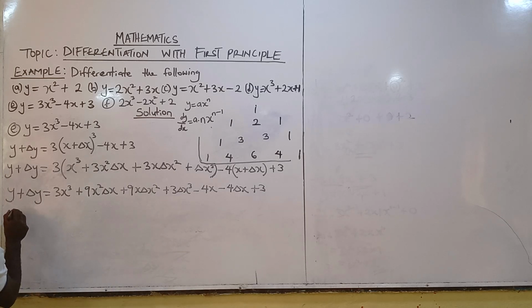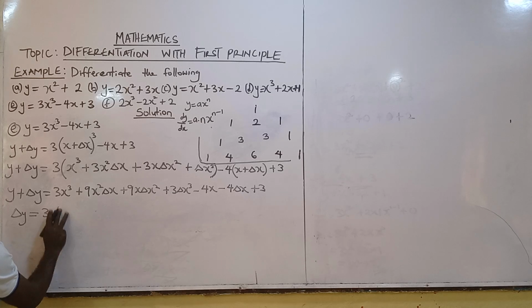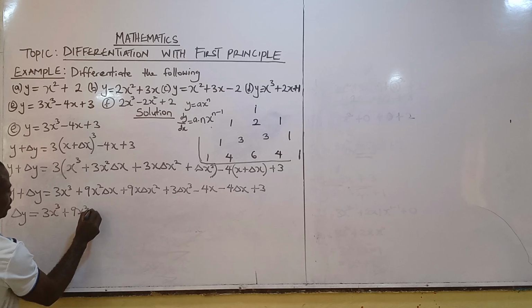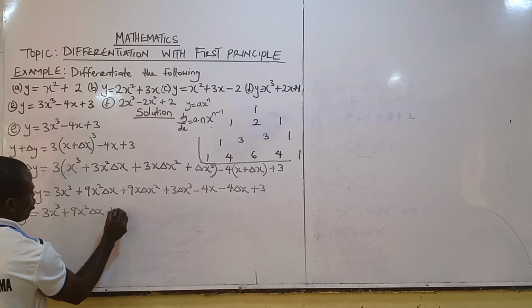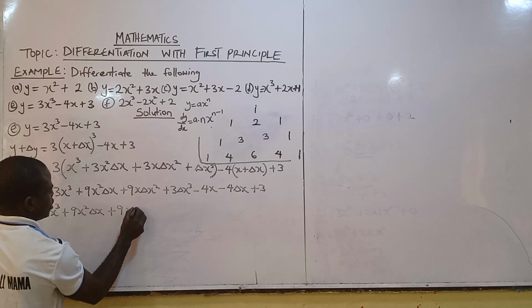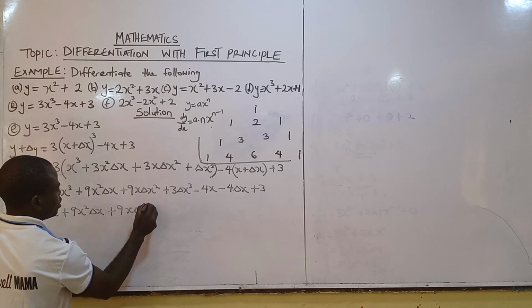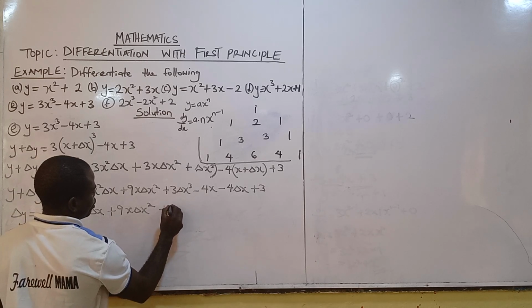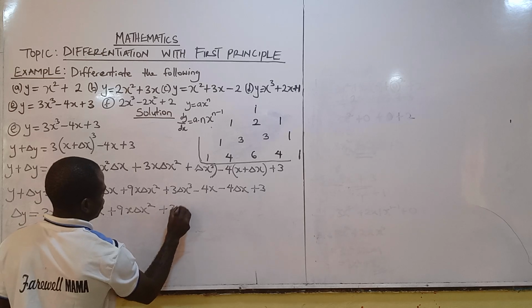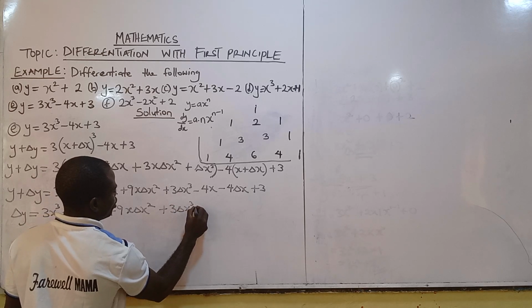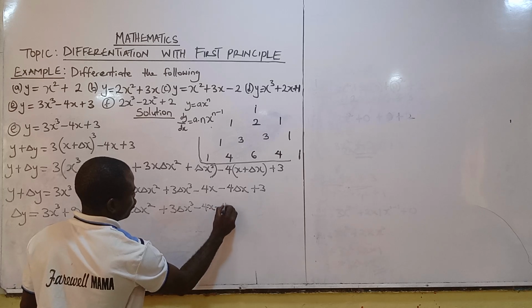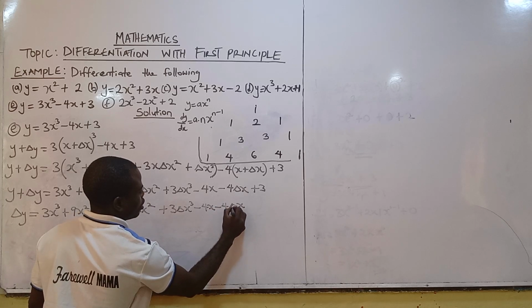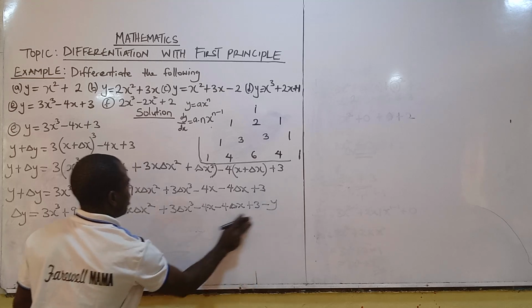Take y to the other side, the y equals 3x cubed plus 9x squared dx plus 9x dx squared plus 3 dx cubed minus 4x minus 4 dx plus 3 minus y.